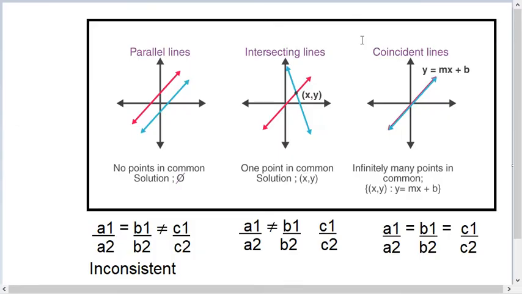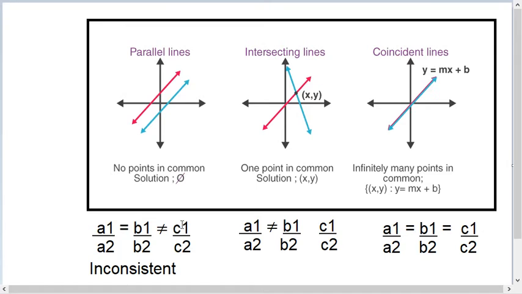Now let's check. In one of our earlier videos we have checked this. See here, no solution means when they are parallel, then they will have no solution because nothing is common. One solution means they'll intersect each other, and infinite solutions means they coincide, means they overlap each other. Now this is about figures, but what about equations?